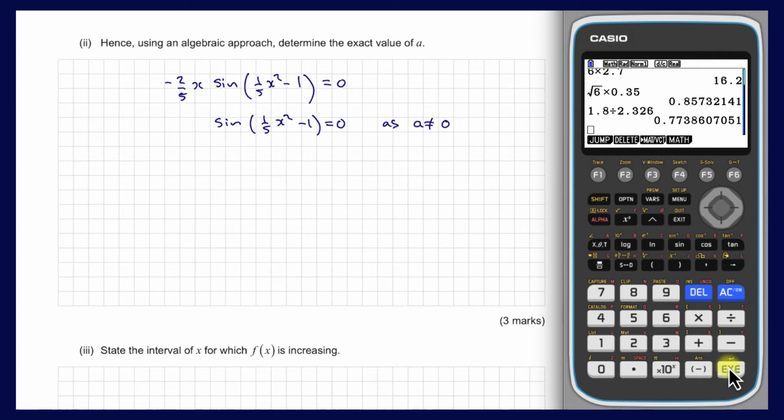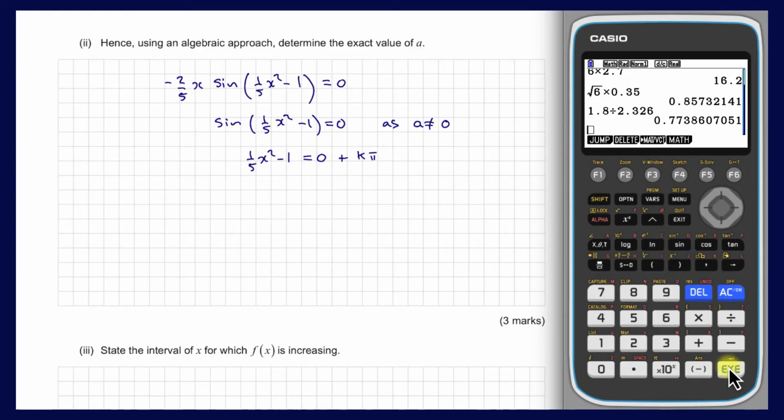That will be true at 0. So that means the one fifth x squared minus 1 equals 0. It's also true if you consider multiples of pi added on to that, but because we're looking for the smallest possible value, we're probably not going to worry about that.